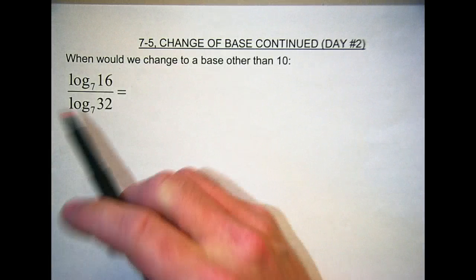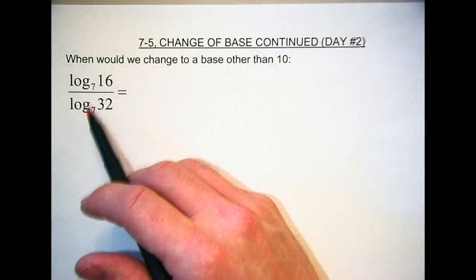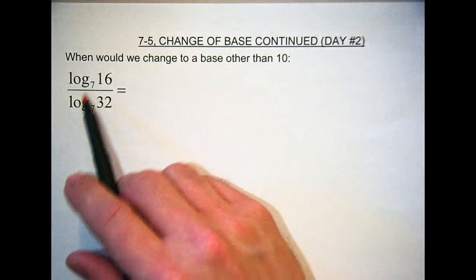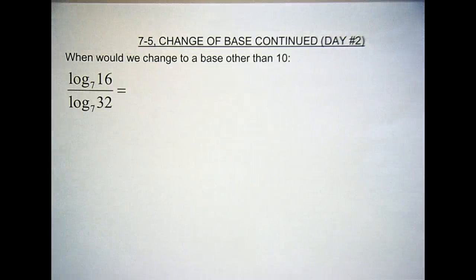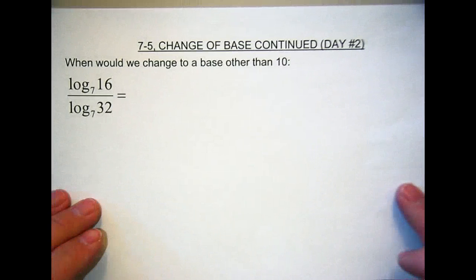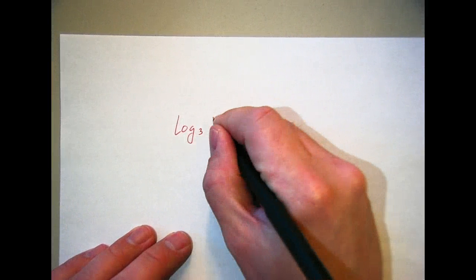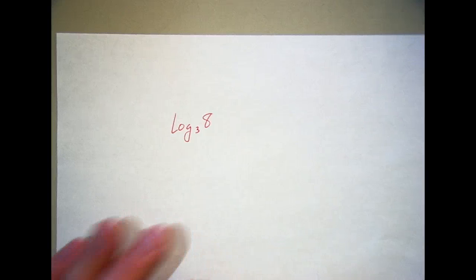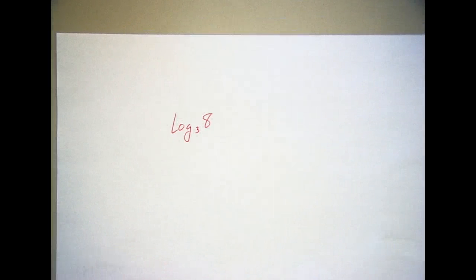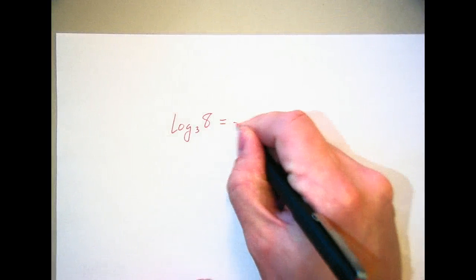So if you have log base 7 of 16 over log base 7 of 32. Okay, if you recall back on Friday when we talked about changing the base, if you were given, say, log base 3 of 8, and we wanted to solve that using base 10, we could rewrite that.